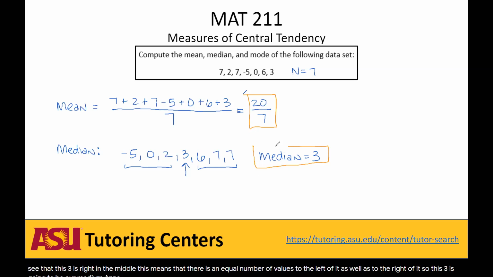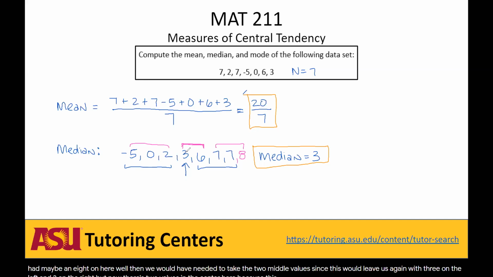An important thing to note is that if we had an extra value on here, so pretend for a moment we also had maybe an 8 on here, then we would have needed to take the 2 middle values, since this would leave us again with 3 on the left and 3 on the right. But now there's 2 values in the center because this is an even number data set. And we would need to take these 2 numbers and average them.